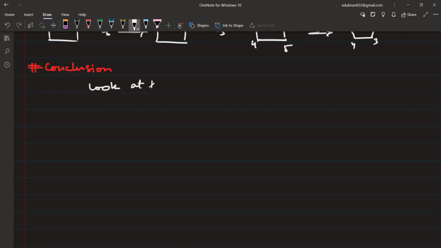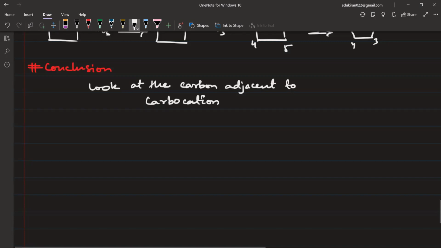Look at the carbon adjacent to carbocation. Okay, now the carbon adjacent to carbocation can be either of these cases. It can be 1 degree. If it is 1 degree, you have to do nothing.